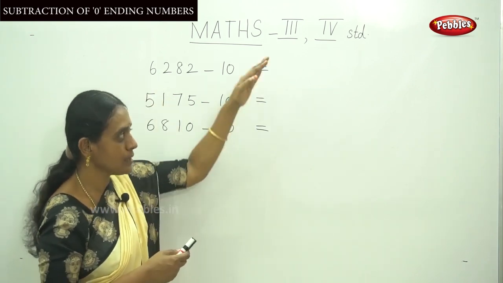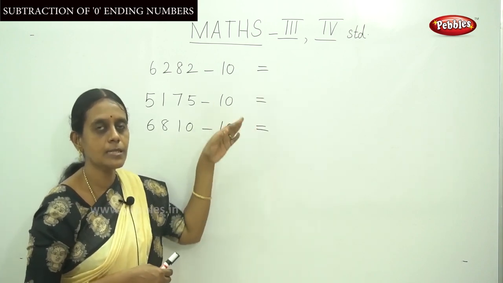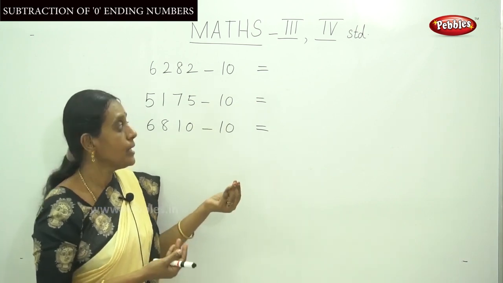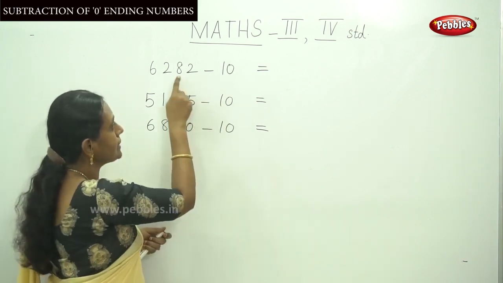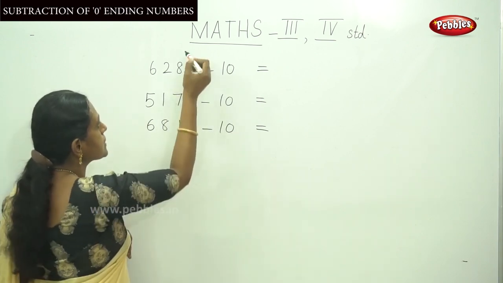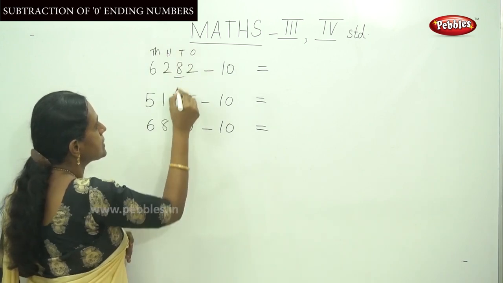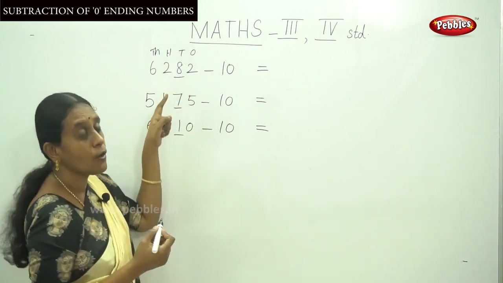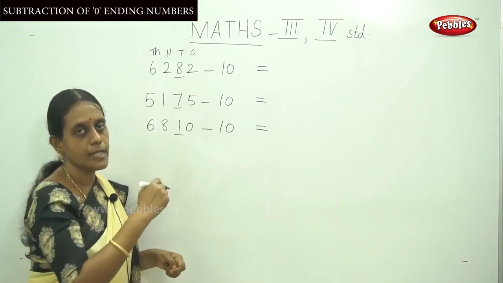6282 minus 10. There is no need of subtracting ones, tens, hundreds and thousands columns with regrouping or any other previous technique. It is an easy way. You should focus only on the tens place number. So this is the tens place number here.